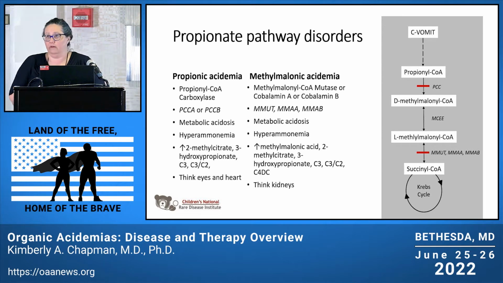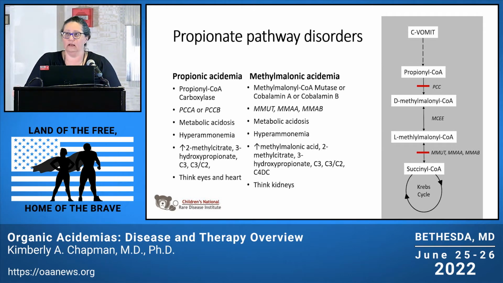So this is the C-vomit pathway. Mark introduced this earlier today. Cholesterol, valine, odd-chain fatty acids, methionine, isoleucine, and threonine all get broken down to propionyl-CoA.